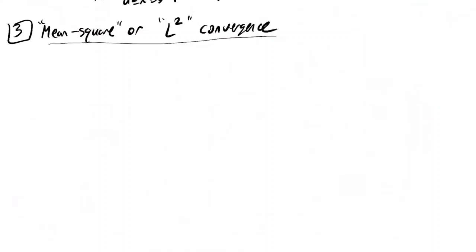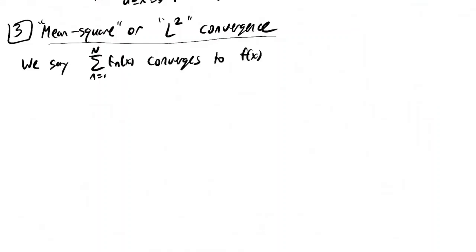Right, and so we say that our sum of functions, n equals 1 to capital N of fn of x, converges to f of x in the mean square or L2 sense, right? So this is capital L to the power 2.